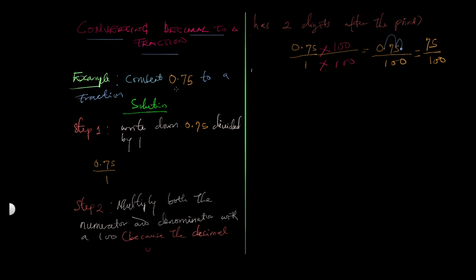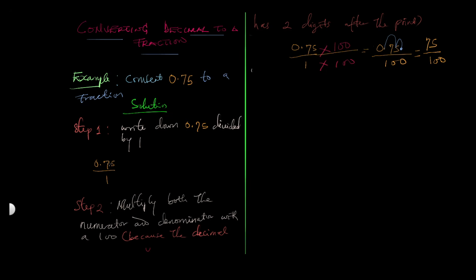Let me go through the steps again. The first step when you're asked to convert a decimal to a fraction is to write down the decimal and divide it by 1. The next step is to multiply both the numerator and denominator by 100.